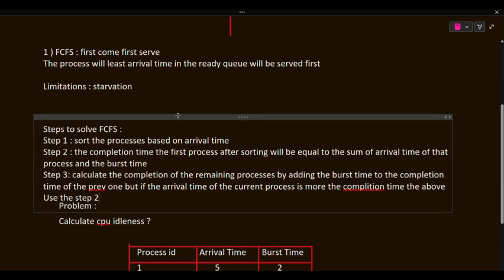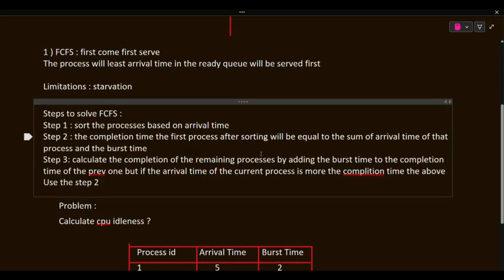In that case it is the sum of the arrival time of that process and its burst time.